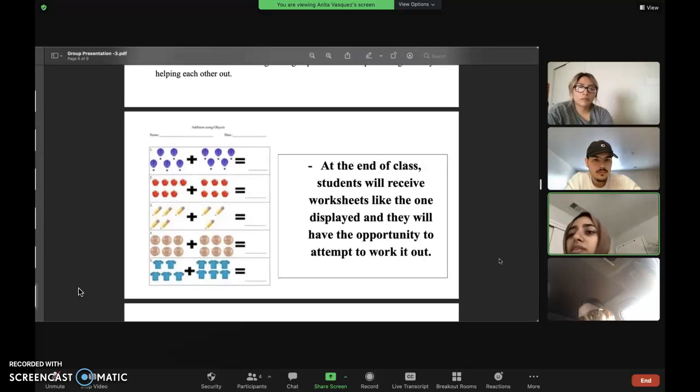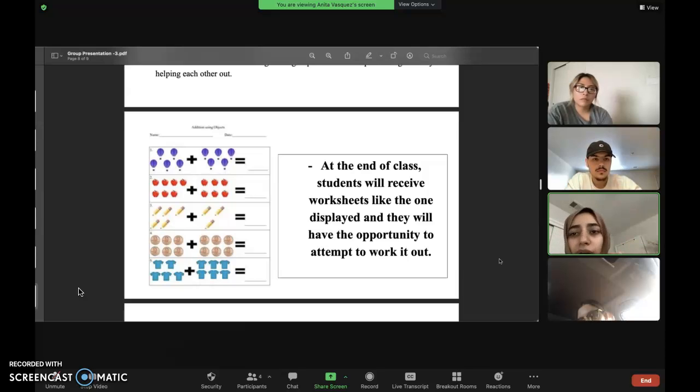At the end of the class, like I stated before, the students will receive worksheets like the one displayed on the left here, and they will have the opportunity to attempt to work it out. Like we said, we just gave them 1 through 10, which they should know by now. So this is a little help where they could get a little experience counting more than 10.